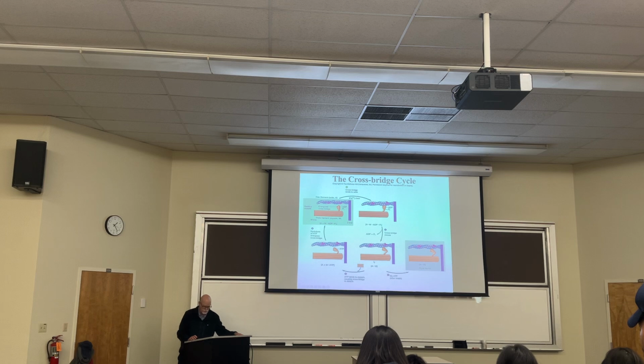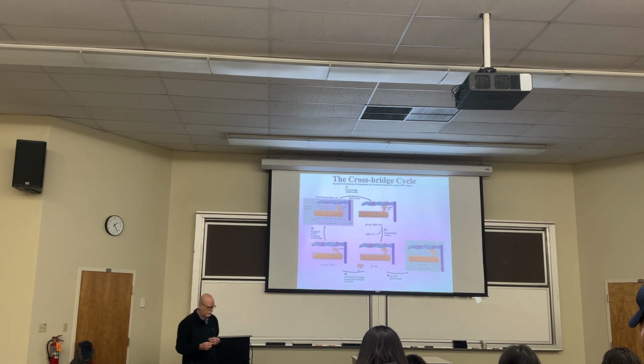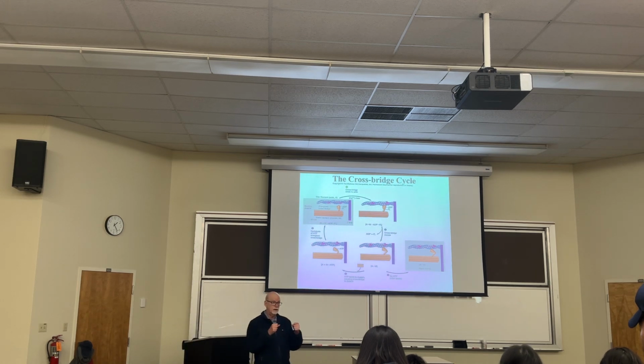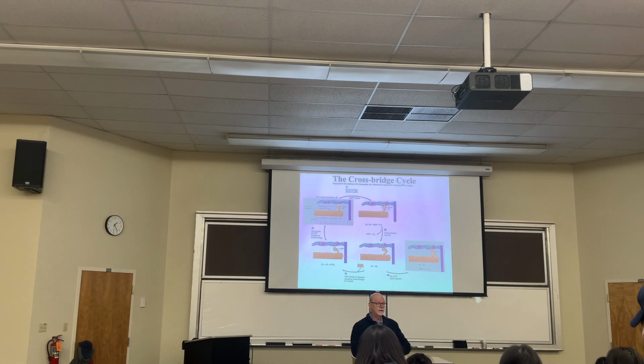We all know that ATP is needed for energy, for muscle contraction, but we also probably are familiar that ATP is needed to disengage the cross bridge from the actin.